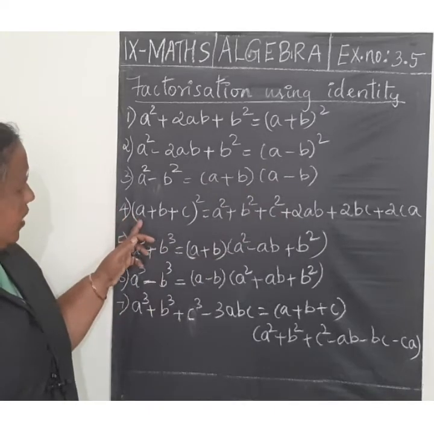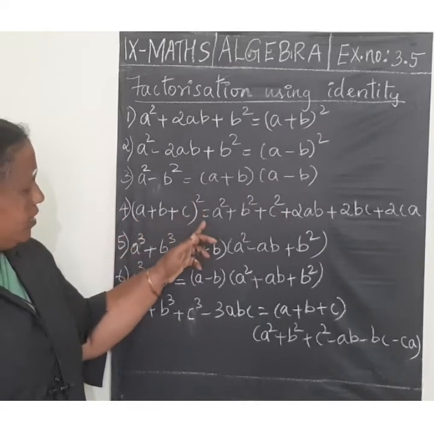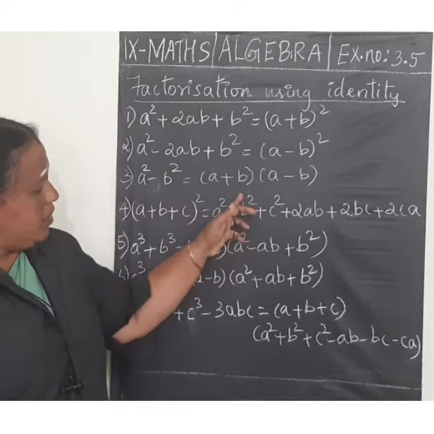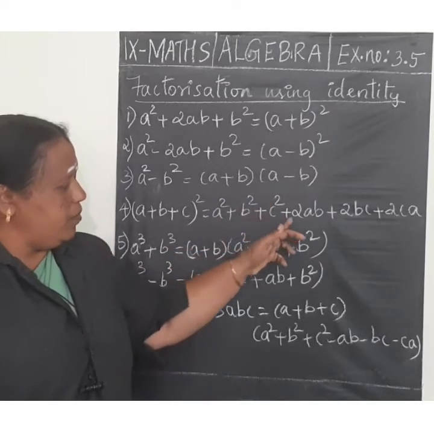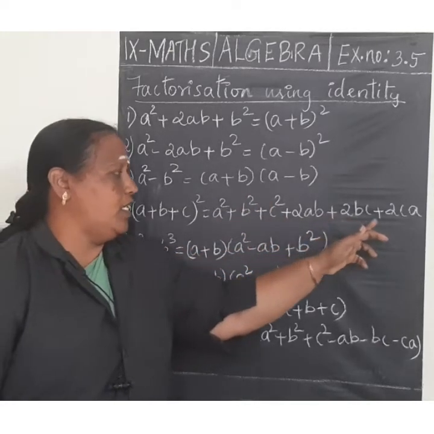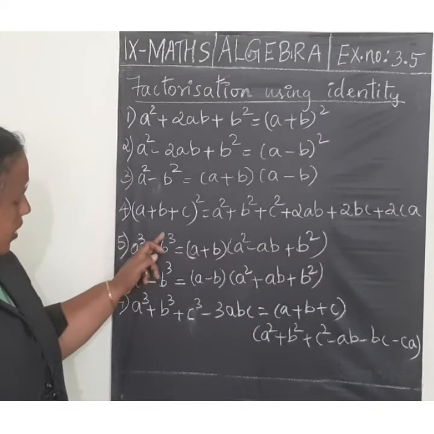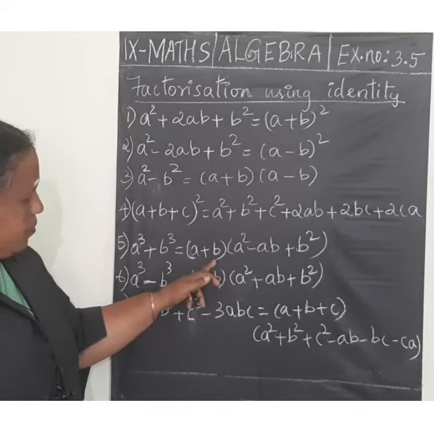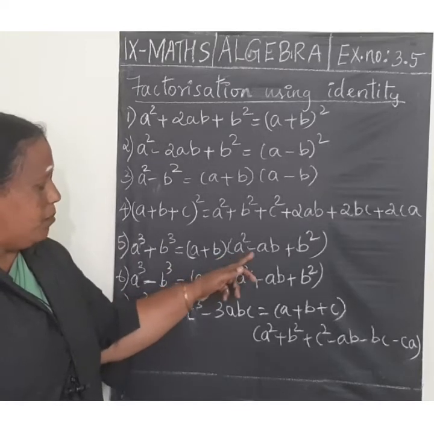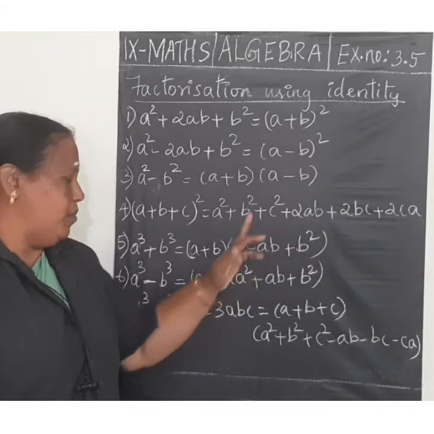Next, fourth one, a plus b plus c the whole squared is equal to a squared plus b squared plus c squared plus 2ab plus 2bc plus 2ca. Fifth one, a cube plus b cube is equal to a plus b into a squared minus ab plus b square.